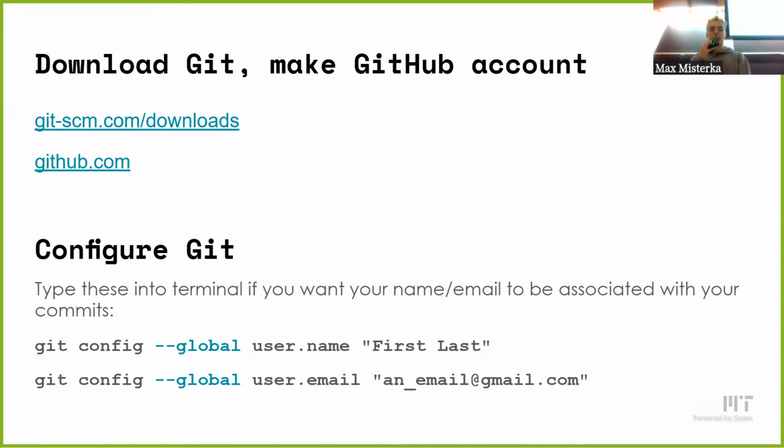You type these into a terminal, which is Command Prompt on Windows or Bash on Linux. You've probably used that before, but if you haven't, just go into the start menu and search for Command Prompt or Bash.